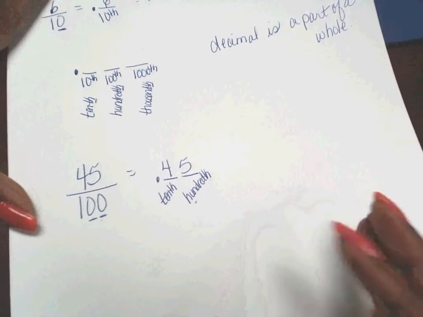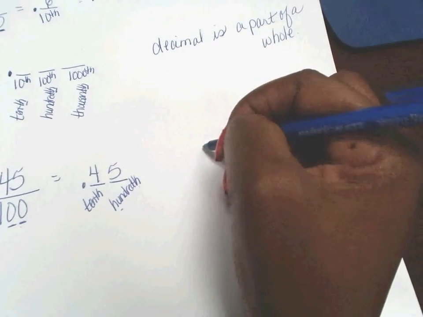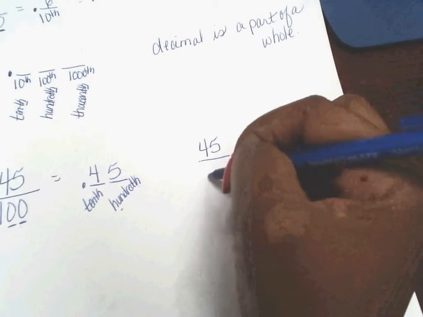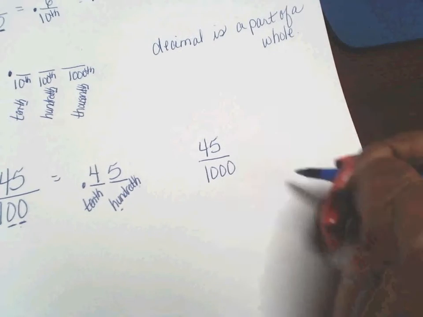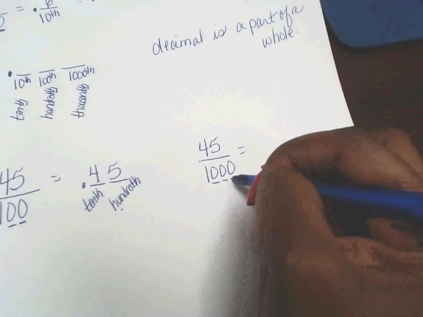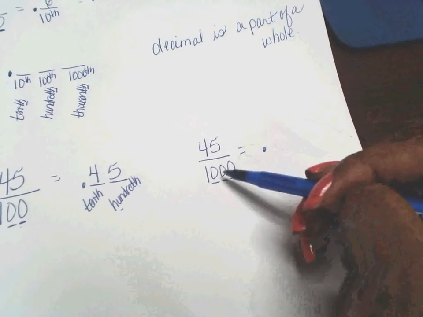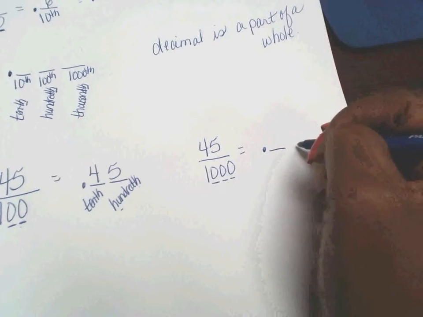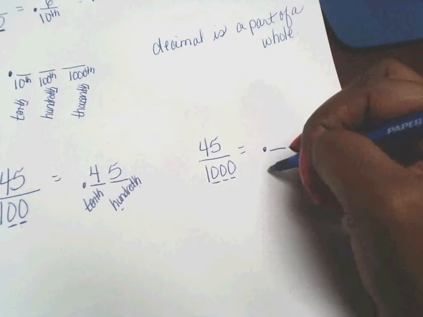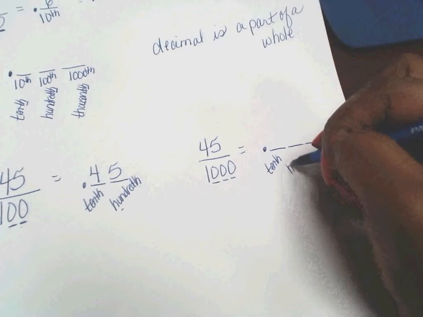Okay? Let's see how different that would be if it's 45 thousandths. I'm going to write on this side. Let's see, it's 45 thousandths. Our first step is to underline the zeros. You put your decimal point, and you have 3 zeros, so you need 3 lines. Then you would label your place value.